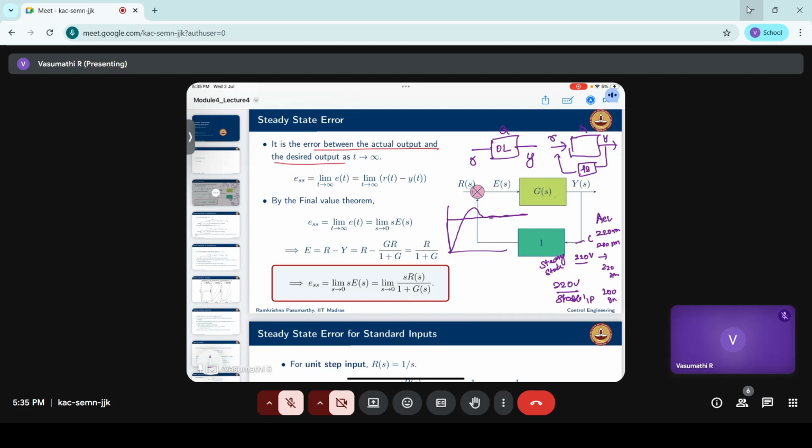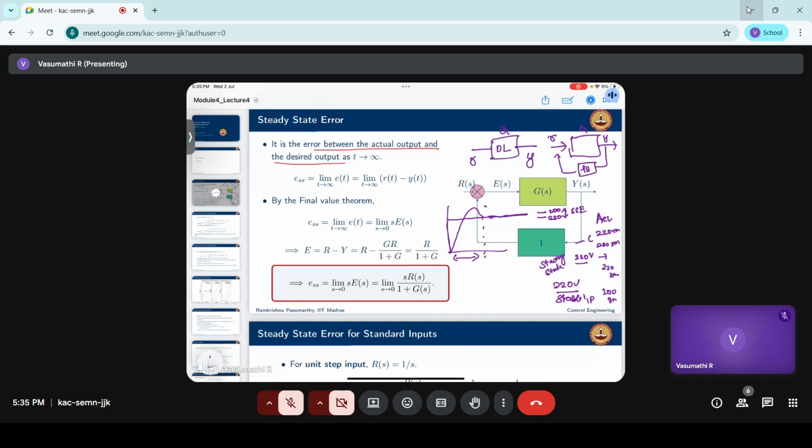We are not bothered about the outputs until that point; we care about what output you finally get. That's why we call it steady state. The error represents actual versus expected. So if you get 200 instead of 220, and after reaching steady state you still have this difference, we call it steady state error.